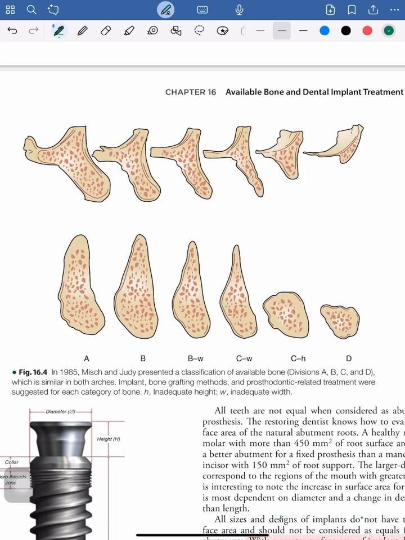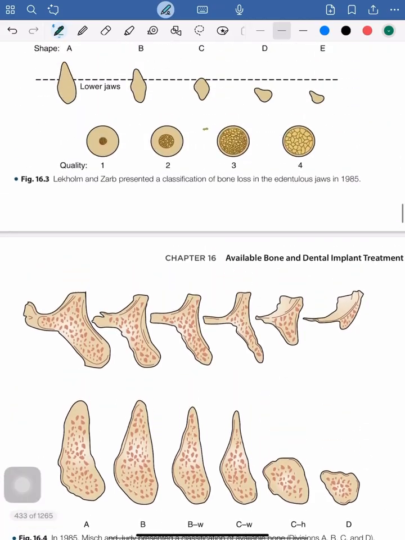BW is a subclassification where you have good height, but the width is very less, and it might indicate certain regenerative or augmentation procedures. Type C is again divided into C width and C height. In C width, you don't have enough width to place an implant, and in C height you don't have enough height to place an implant. In D, you have neither height nor sufficient width to place the implant.